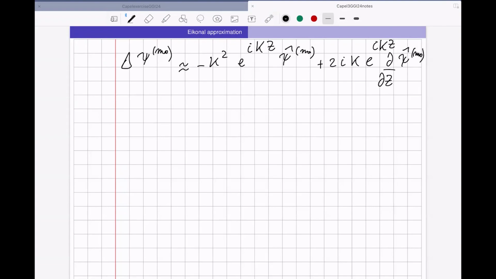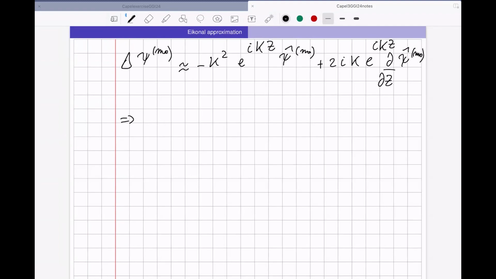And you neglect everything else. So you neglect all the second order derivations because you assume that the projectile will basically be located mostly at a very forward angle.